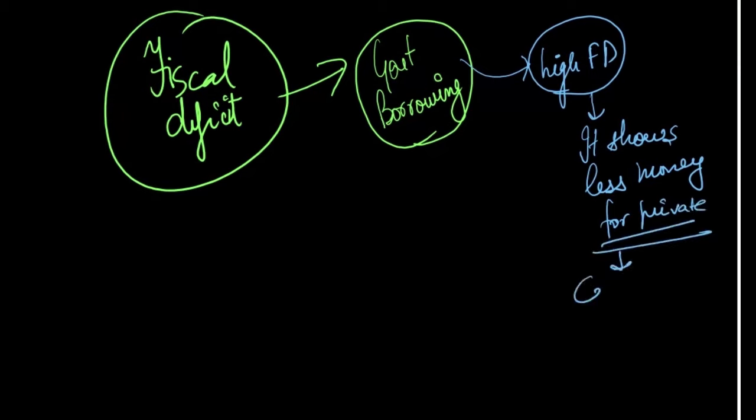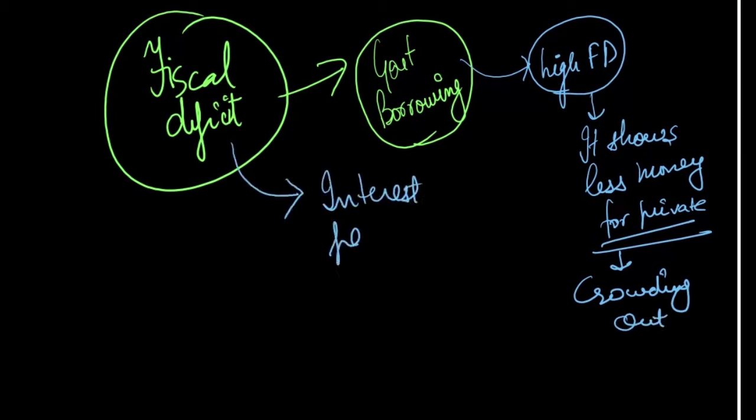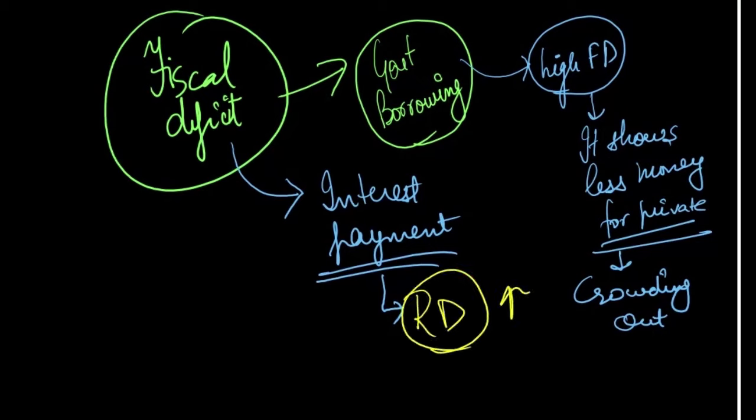This is known as crowding out of private investment. High fiscal deficit means high interest payments need to be paid. This results in increasing the revenue deficit, as interest payments are included in the revenue expenditure.